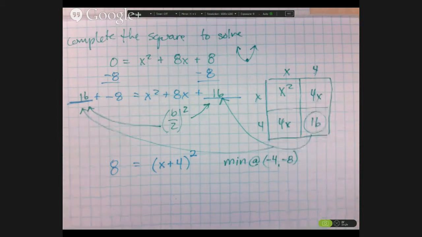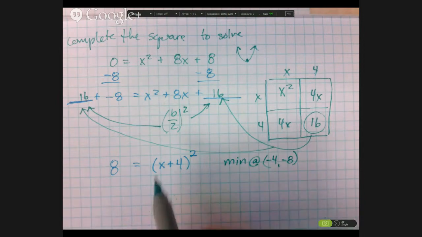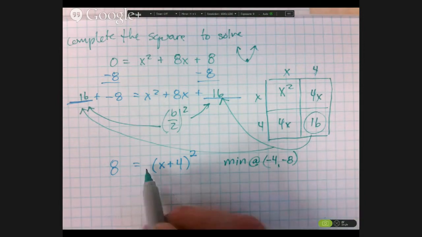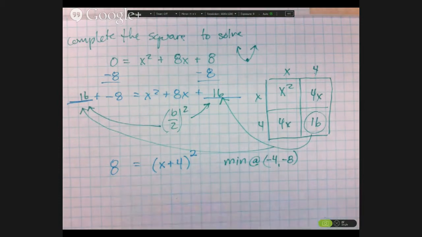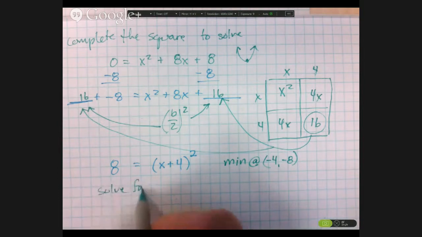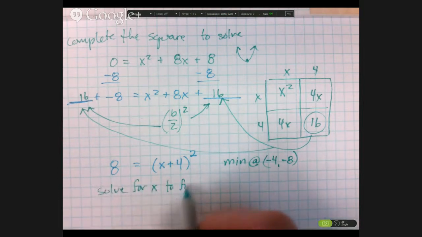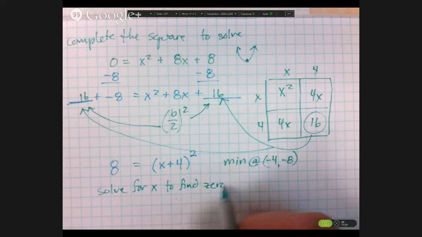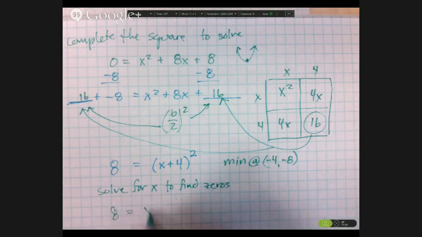Okay, let's continue to find the zeros. Okay, how can I solve for x? Yeah, square root. All right, so I'm going to square root both sides.